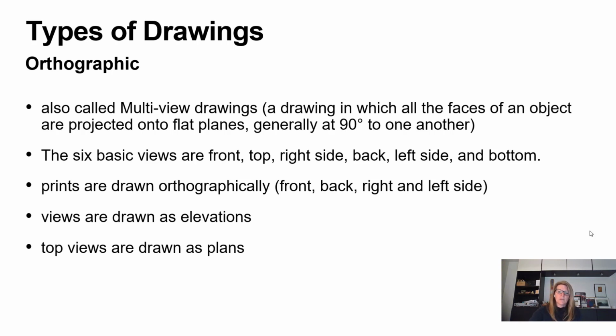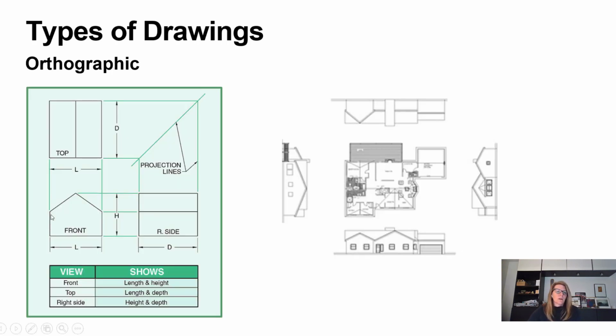The front shows the length and the height. The right side shows the depth of the project as well as the height, and that can be projected up to the top view where you have the length and the depth. So as you are describing that object, you are able to transfer that information from one view to another view.